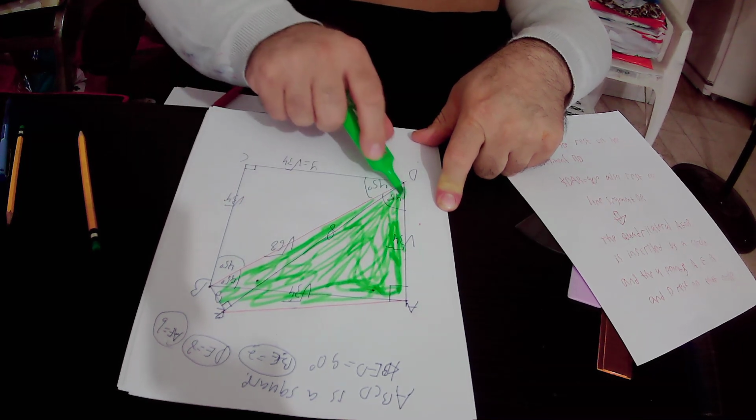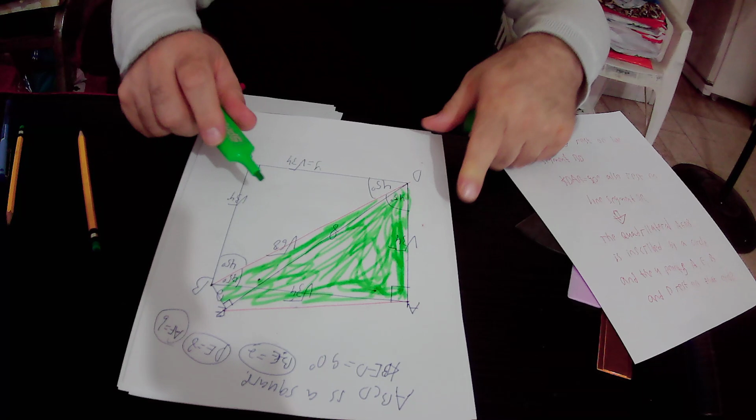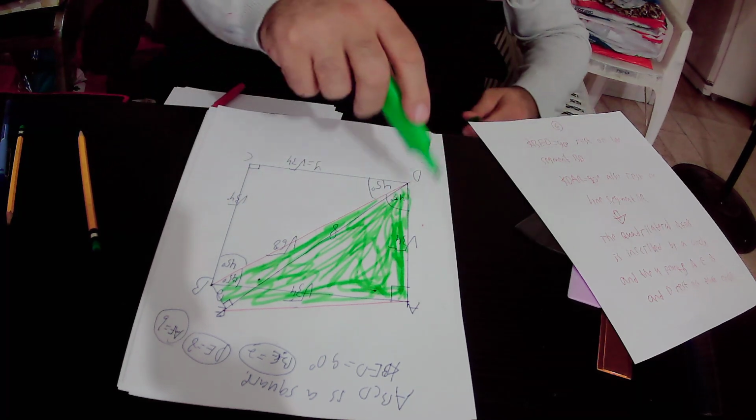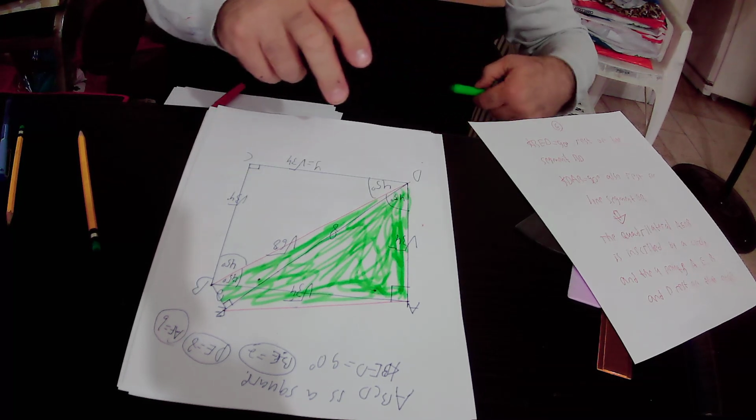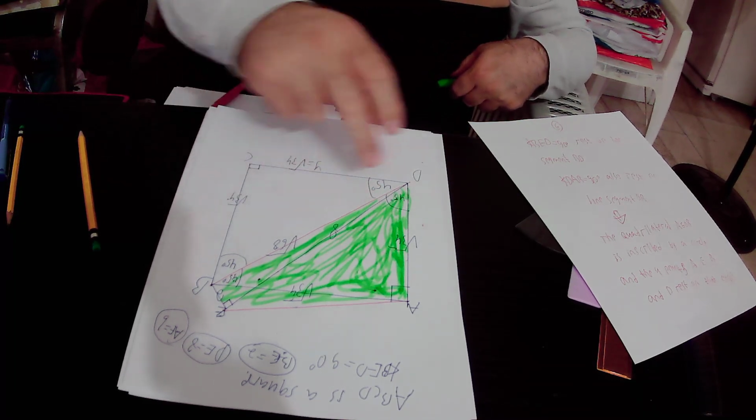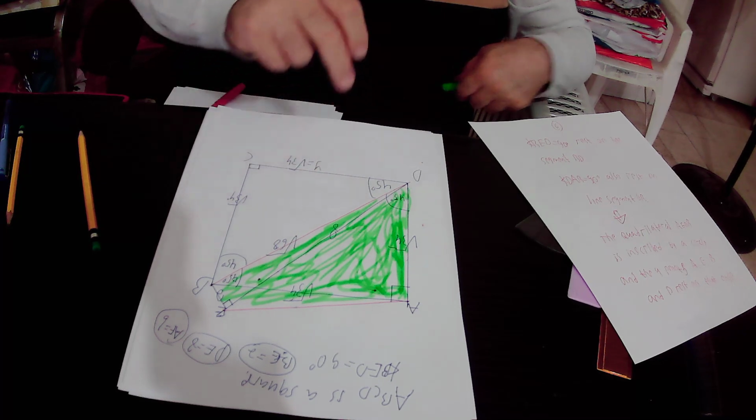This quadrilateral AEBD is inscribed by a circle, and the 4 points A, E, B, and D rest on that circle.